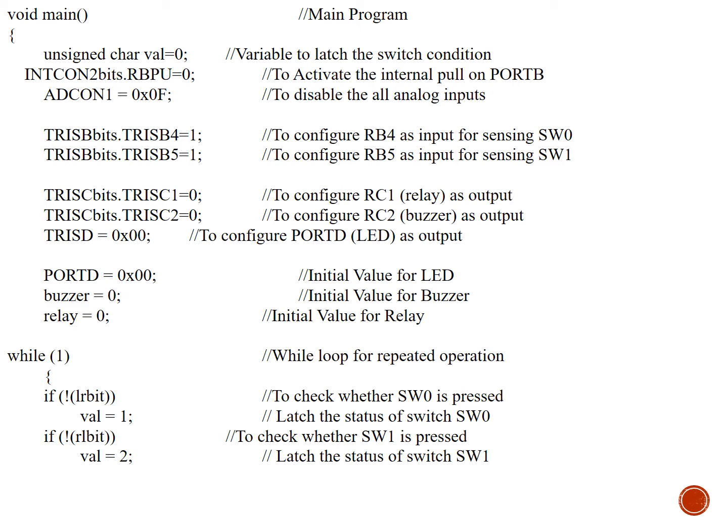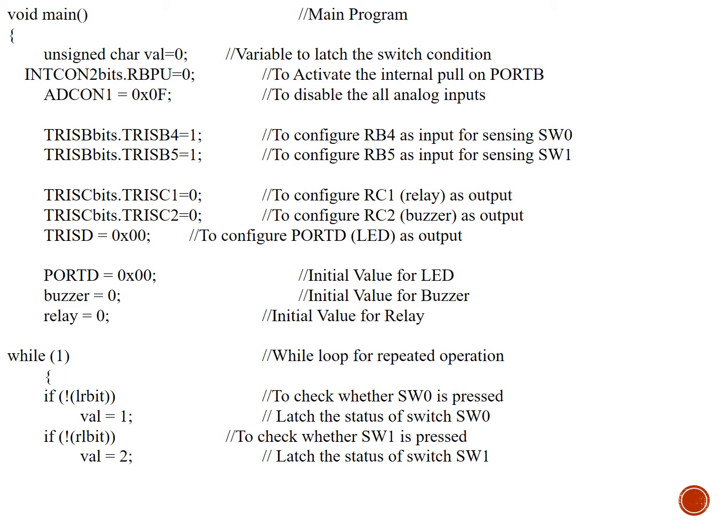Then this is to activate the pull-up register. As you are aware, port B has a pull-up register, and we are activating it by making it 0. Then ADCON1, we are disabling it because all the analog ports should be disabled, as we are using port B and port C. That's why we are disabling it by using the instruction 0x0F.